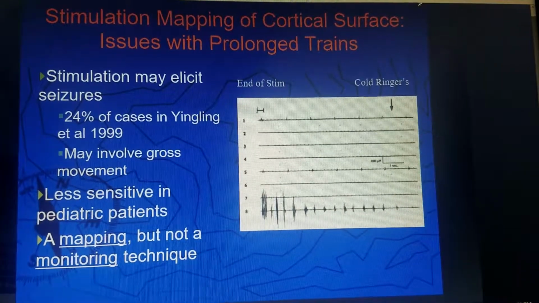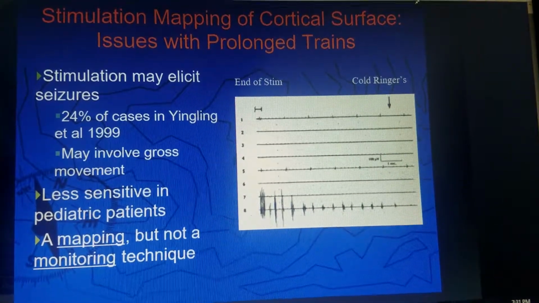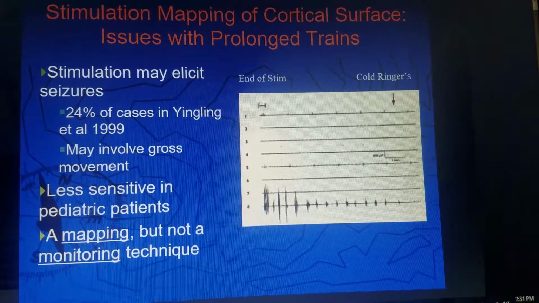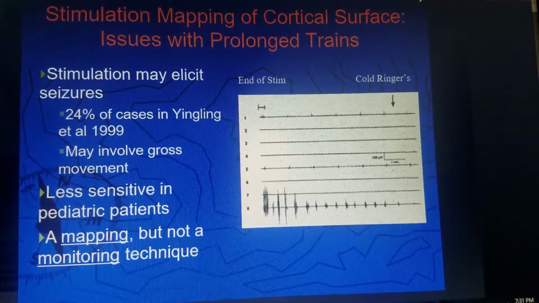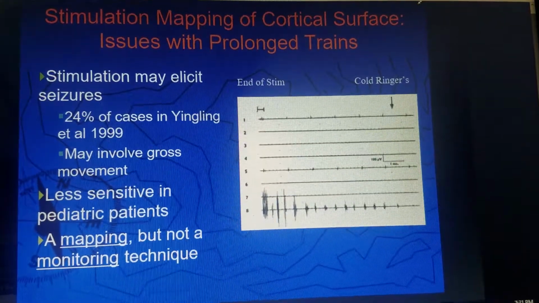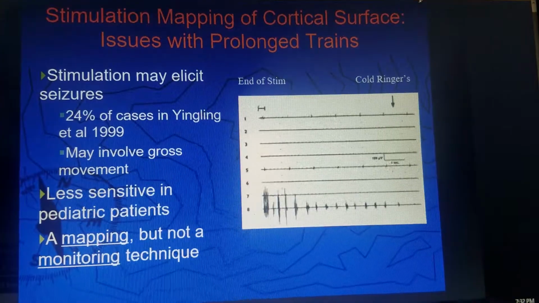It's tapering off, but the surgeon is alerted, squirts some cold Ringer's on the cortex to terminate these. The seizures can be more dramatic than this. Spread to many channels may involve gross movement. So that's obviously a drawback of this technique.